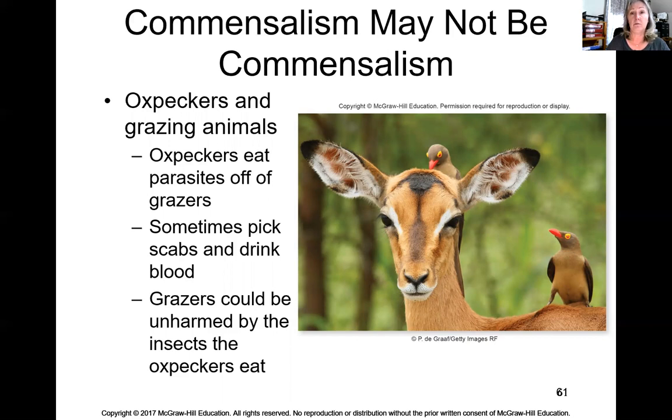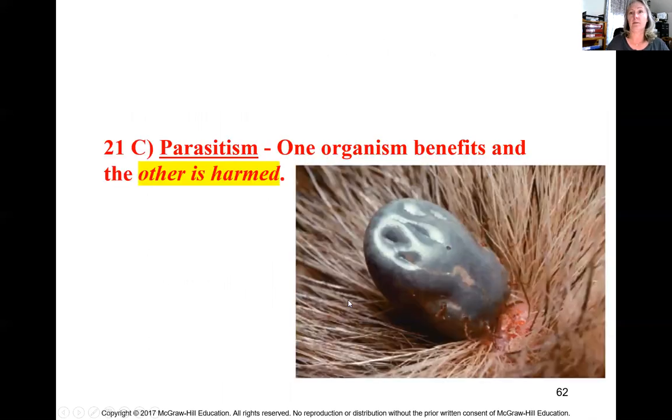So it could cause disease, possibly, or infection. So this would be when the relationship isn't good. It was good for the bird because it's getting food or maybe even drinking the blood, but then if it's going to cause infection or disease in the grazing animal, then that would be parasitism.